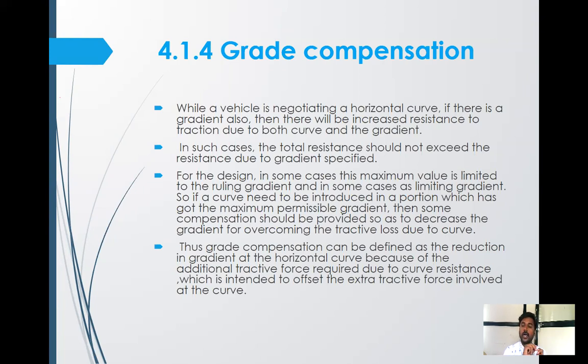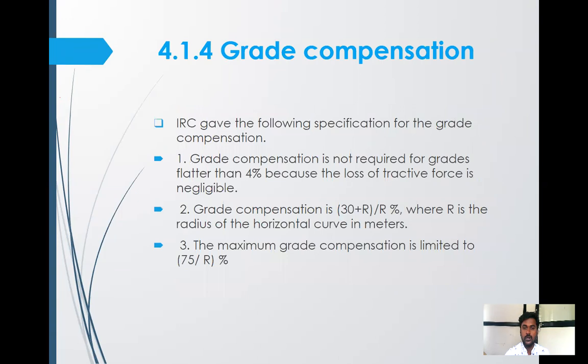So in this situation, we have to compensate the gradient. Suppose we have to provide a grade as well as a horizontal curve; in such a situation, we have to compensate the gradient. This condition is known as grade compensation.